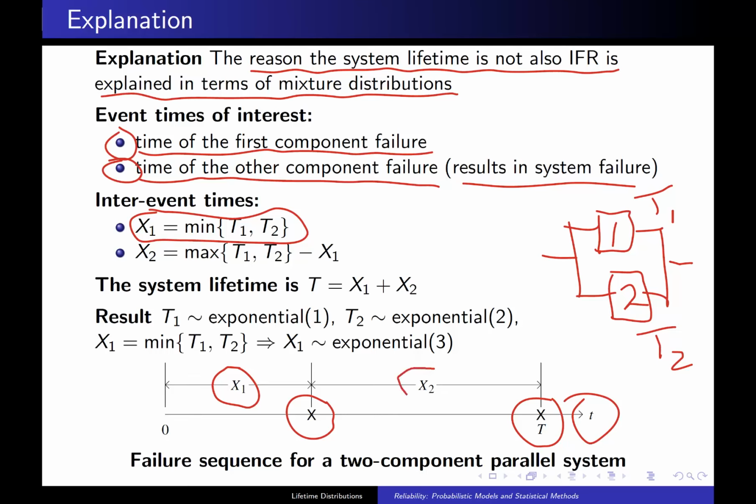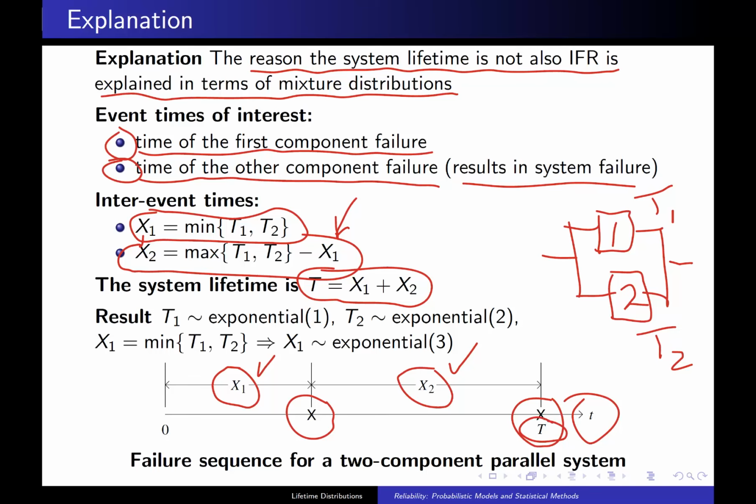Now, what is x2, which is the time to the next component failure? Well, it's going to be the maximum of t1 and t2 minus the time of the initial component failure, which is x1. Through all of this, the system lifetime is going to be the sum of x1 plus x2, and that will give you the system lifetime t.